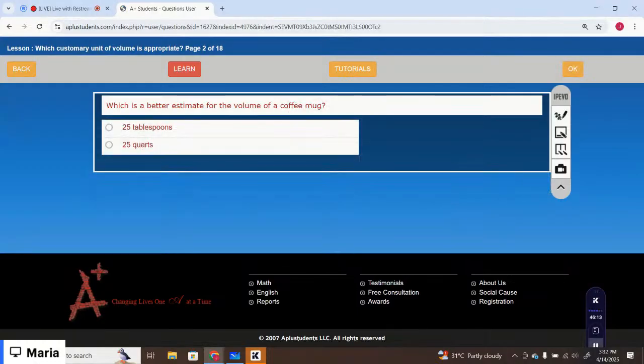Which is a better estimate for the volume of a coffee mug? 25 tablespoons or 25 quarts?